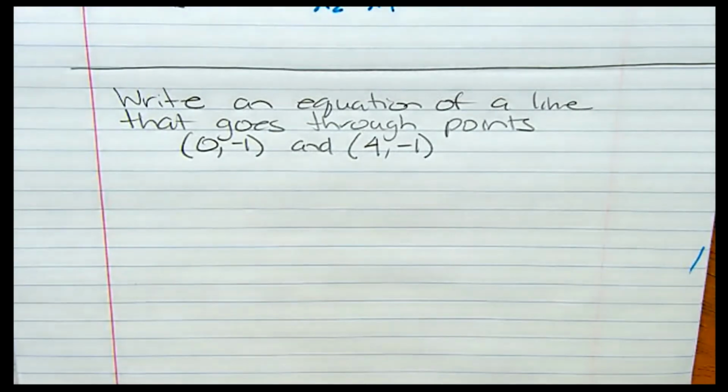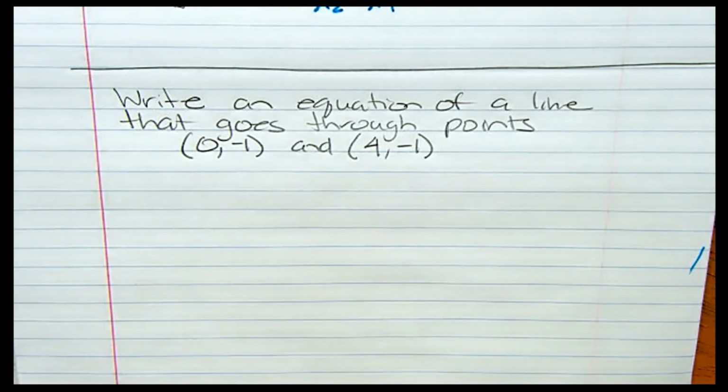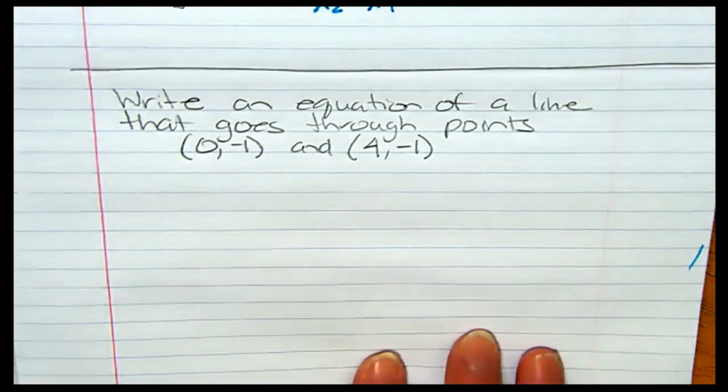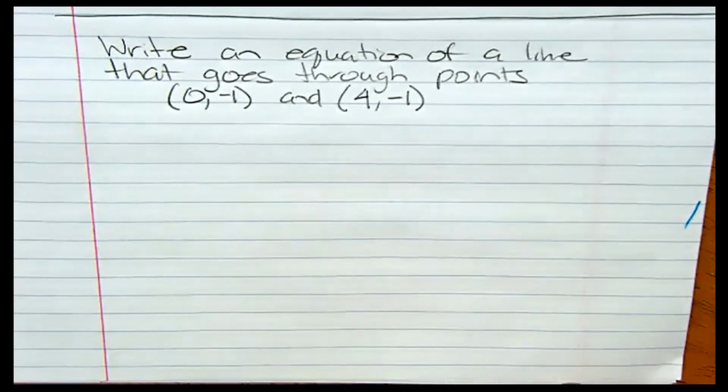Write an equation of a line that goes through points 0, -1, and 4, -1. Can you do this? Absolutely. Easy peasy kind of stuff here.